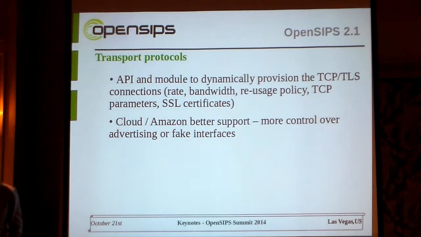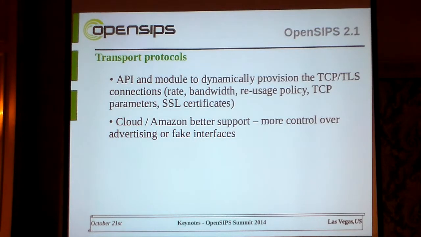And also some work about the transport protocols, because everybody right now is talking about running services in the cloud. And when you do that, you're actually using private networks. So even if your service is reachable via public IPs, your actual OpenSIPS sits on a private IP, so you need to deal with this kind of communication.